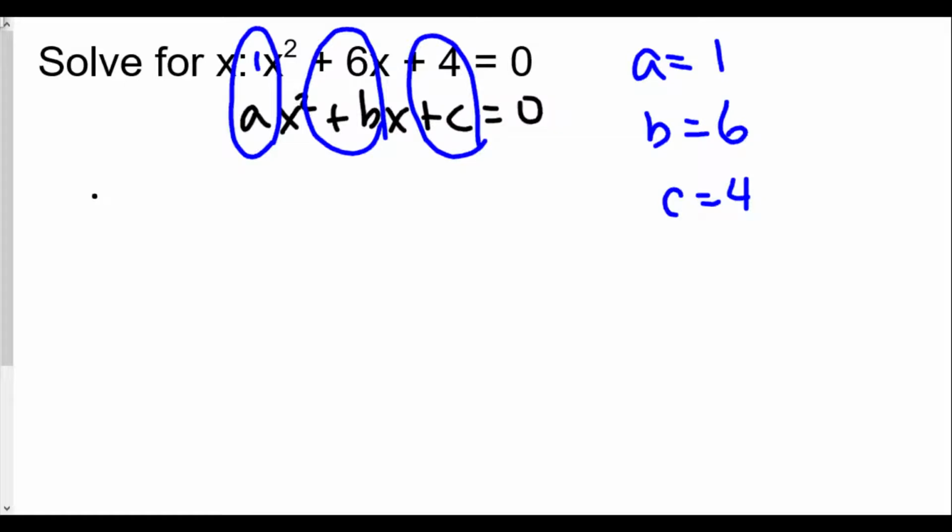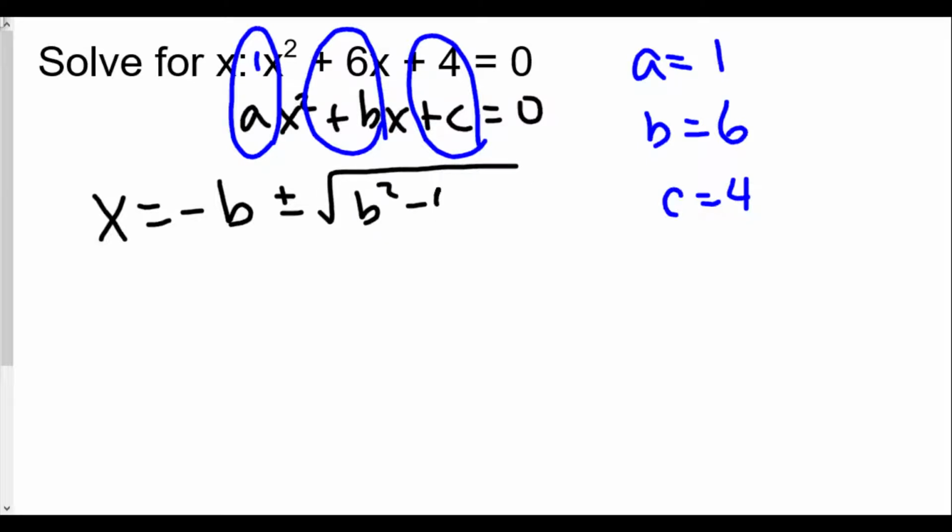Now for the formula. x equals negative b plus or minus the square root of b squared minus 4ac, all over 2a.